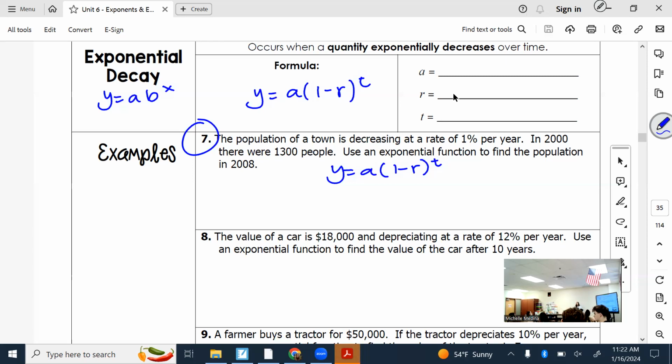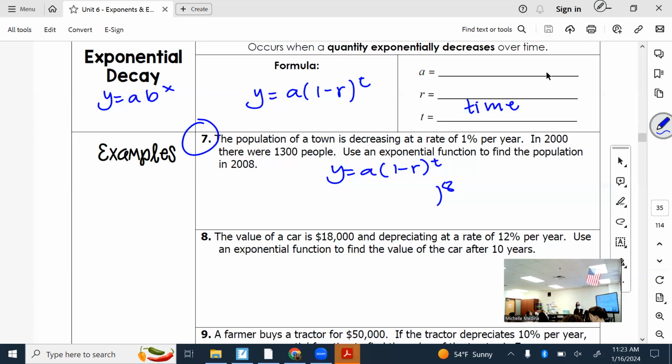Table 2, you have R. Table 3, what about T? Time. So in this, since T was the only one we could identify right away, how much time has passed from where we started to where they want us to figure out? 8 years has passed from 2000 to 2008.